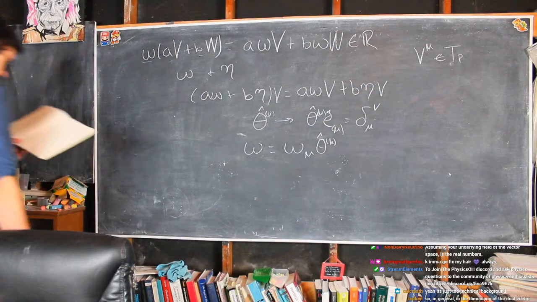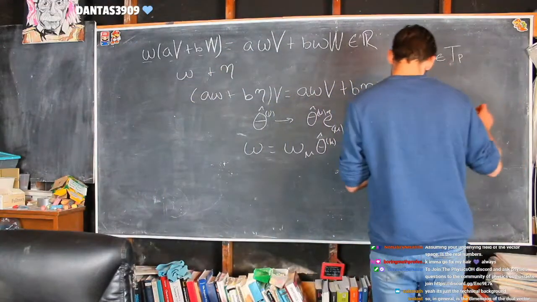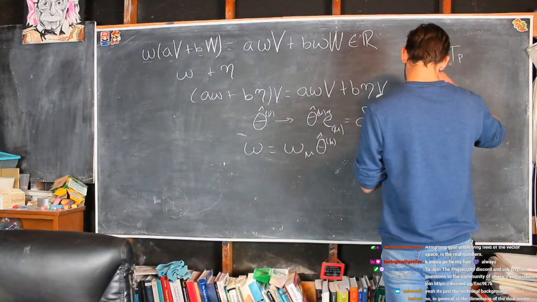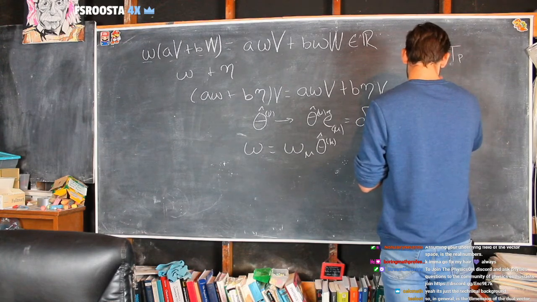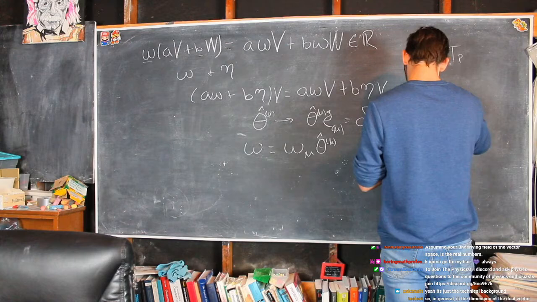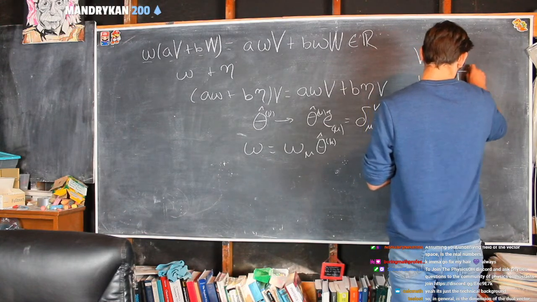And these are elements of the tangent space, T_p. And then we have another one, the covariant vectors, which are the little w sub mu, and those are elements of the cotangent space.